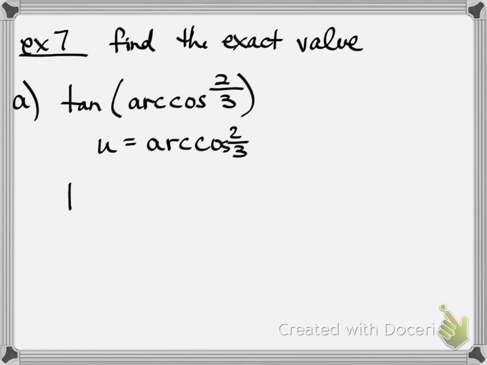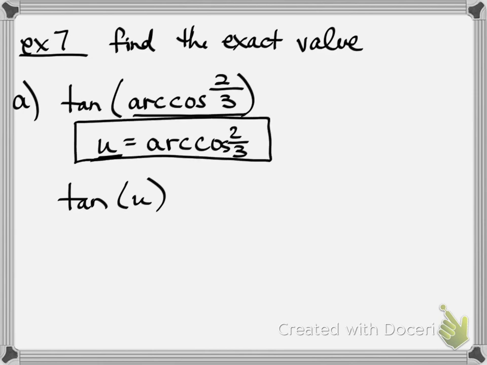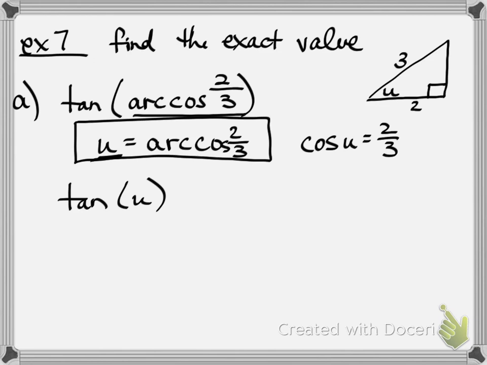So then I'm going to rewrite that as tangent of U. I'm replacing arc cosine of 2/3 with U. So then let's think about what this means. This means that the cosine of U is 2/3. We're going to draw a little right triangle, put U in an angle, and put the A and the H where they belong. We'll do the Pythagorean theorem to find the missing side.